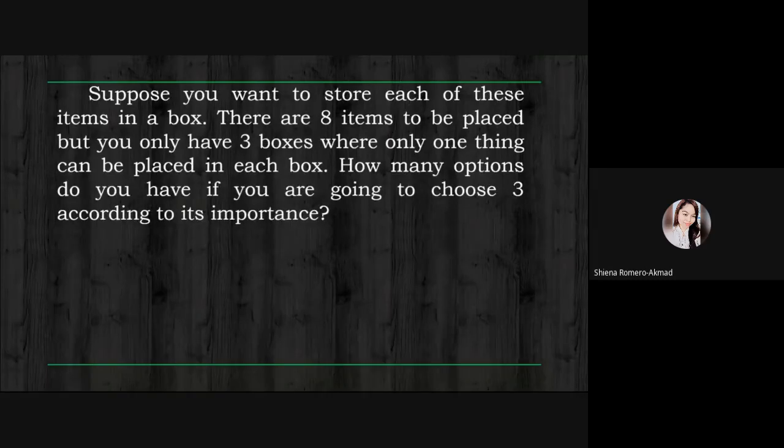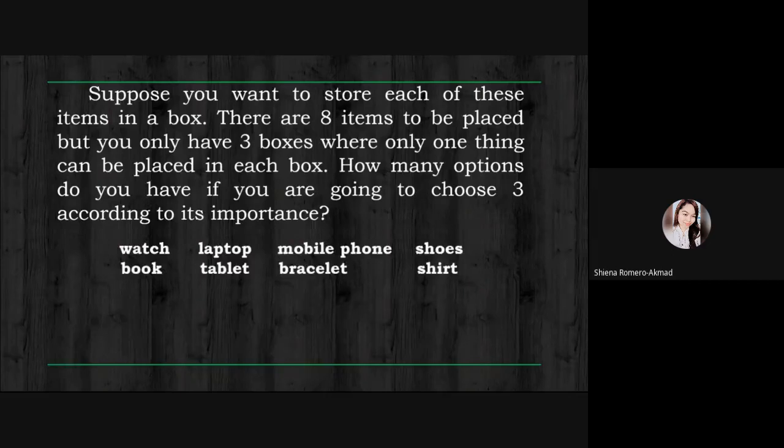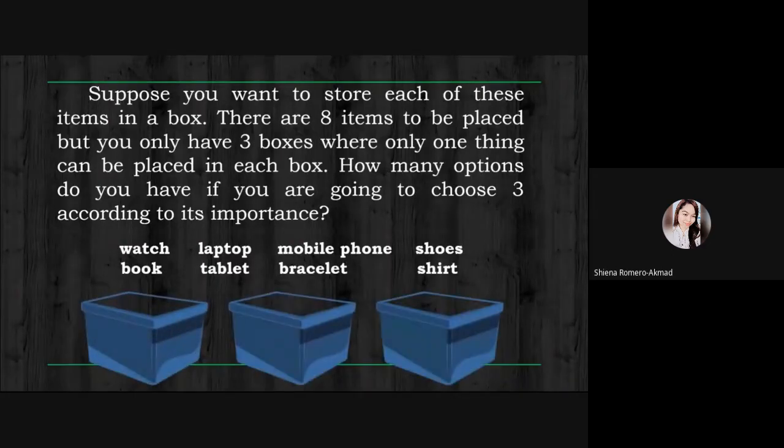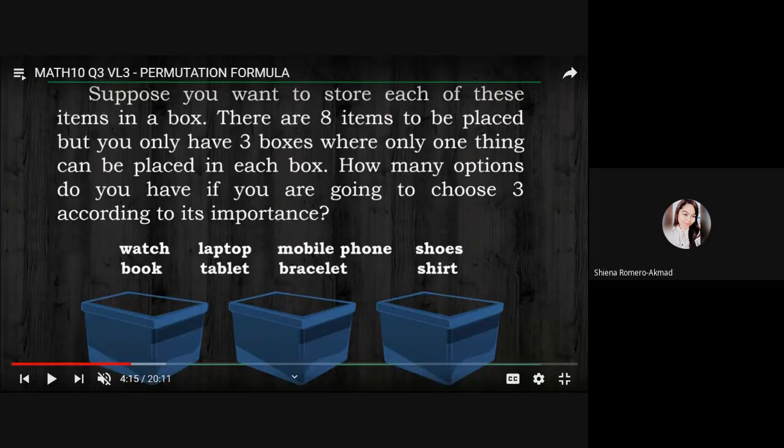And after that, you want to store each of the items in the box. There were 8 items to be placed, but you only have 3 boxes, where you can only place 1 in each box. Now, we are asked, how many options do we have if you are going to choose 3 only according to its importance?